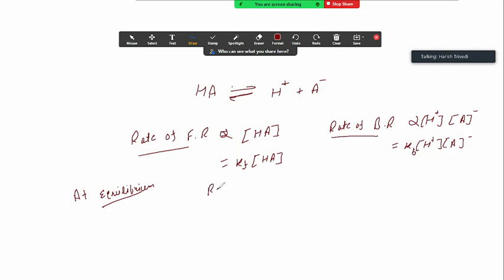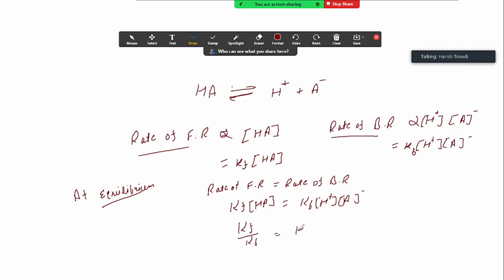So I can write Kf HA equal to Kb H plus A minus, or Kf upon Kb equal to H plus A minus divided by HA.